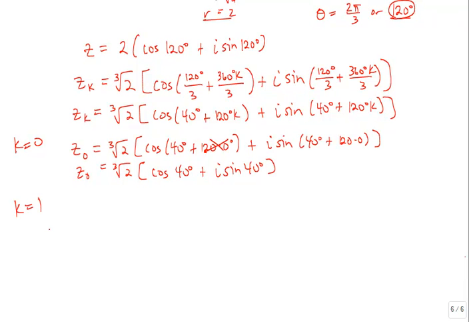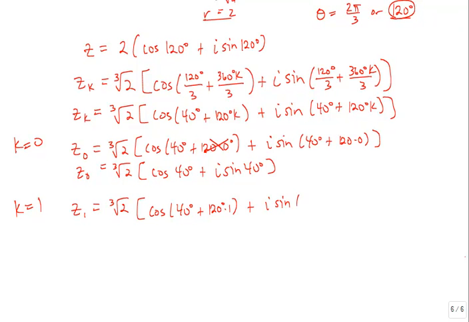So now let's do this again for k being 1. So this is going to give me z sub 1. I'm not doing anything to that r out front. It's going to stay cube root of 2. The only thing I'm doing is multiplying this 120 by whatever k is. So this time we're going to get cosine of 40 degrees plus 120 times 1.